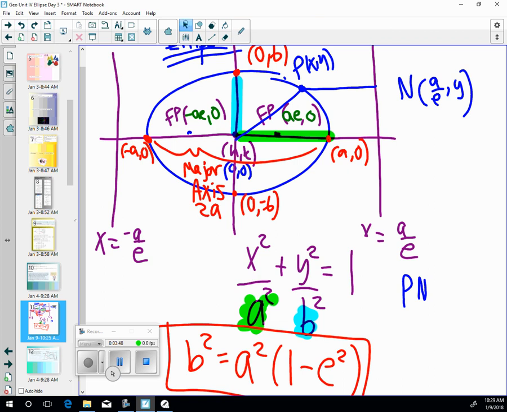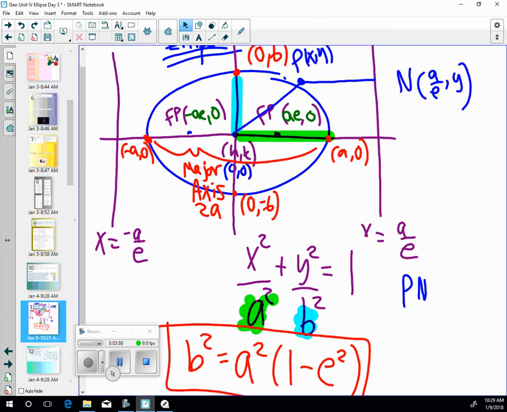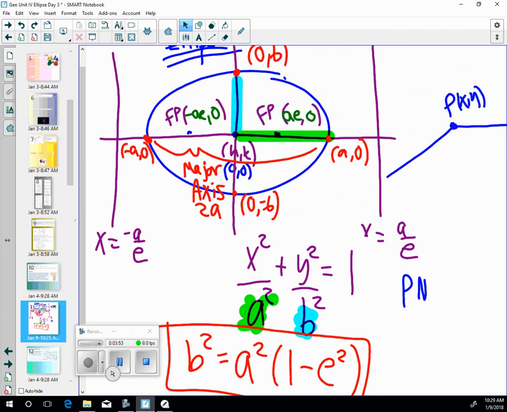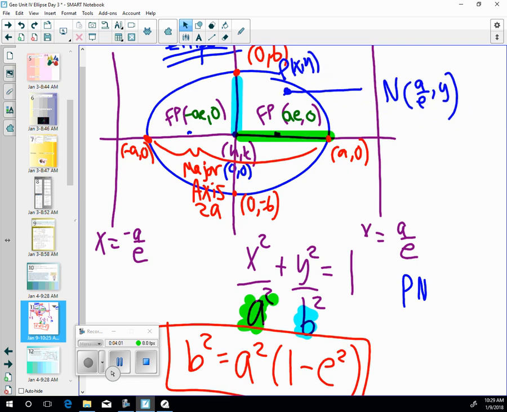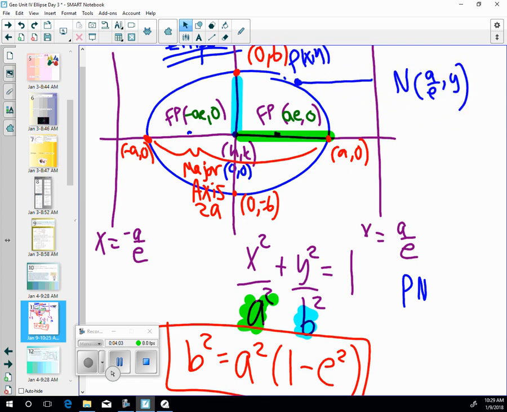Everything looks great except I shouldn't have this line here. There we go. This to the focal point. Focal point, like that. This is F. PF over PN, what is that equal to?